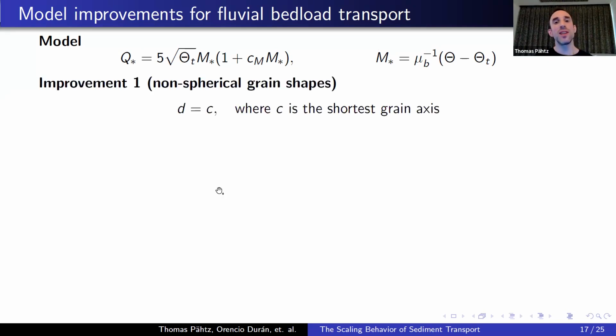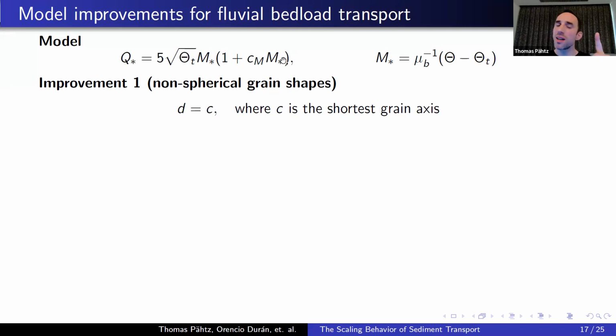And now, so far we have actually treated grains as spherical, and even when we compared with measurements of non-spherical grains, we treated those measurements as if they were spherical grains. Okay? But now we take into account the grain shape. When we do this, the logic that led to these equations has to satisfy that M star has a meaning of a transported particle number.